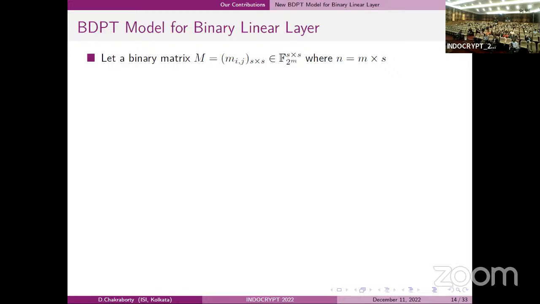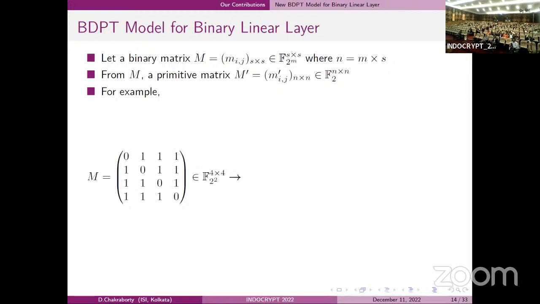So now I am concentrating on the binary linear layer, where Mij is either 0 or 1. From M we construct a primitive matrix. Each element of the matrix M is from the Galois field 2 to the power n, so I convert M into its binary representation. We construct M dash, whose entries belong to F2, the primitive matrix with respect to the irreducible polynomial of GF(2^n).